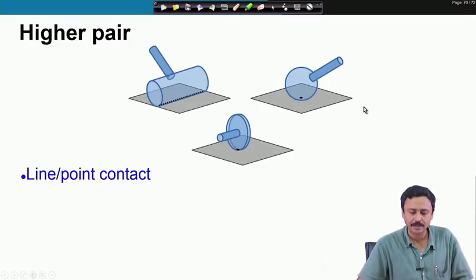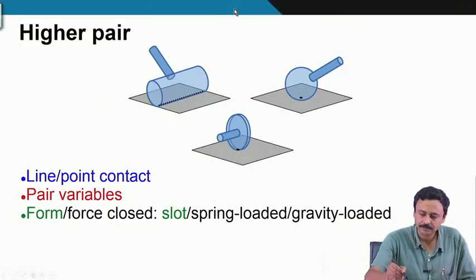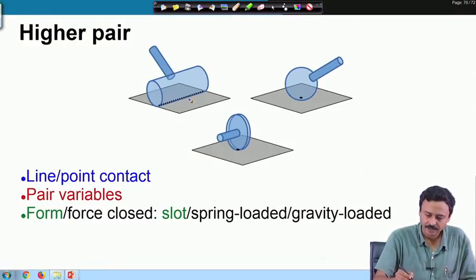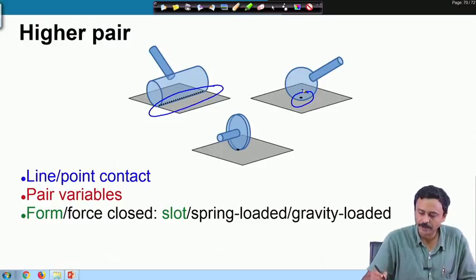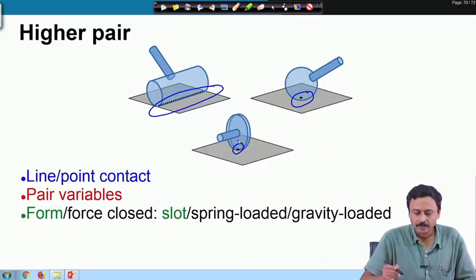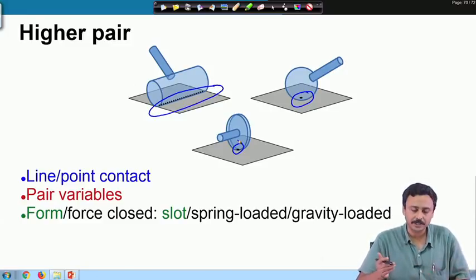Here are other examples of higher pairs. Depending on the kind of shape, you can have line contact, you can have point contact of this form. Pair variables can depend on whether you have friction or not.